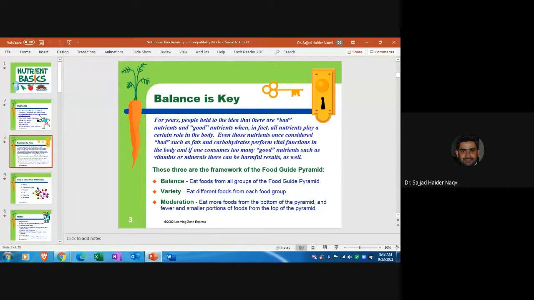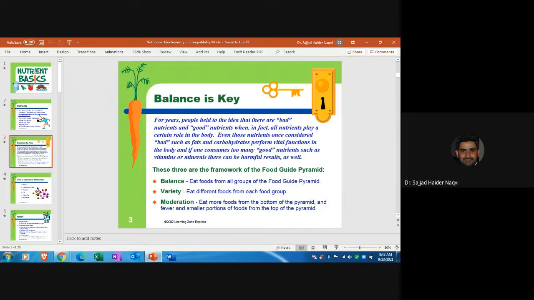So these three are the framework of a good food pyramid. First thing, as I said, is balance. What is balance? You have to eat food from all groups of the food guide pyramid, and we'll go into detail on what the food guide pyramid is.